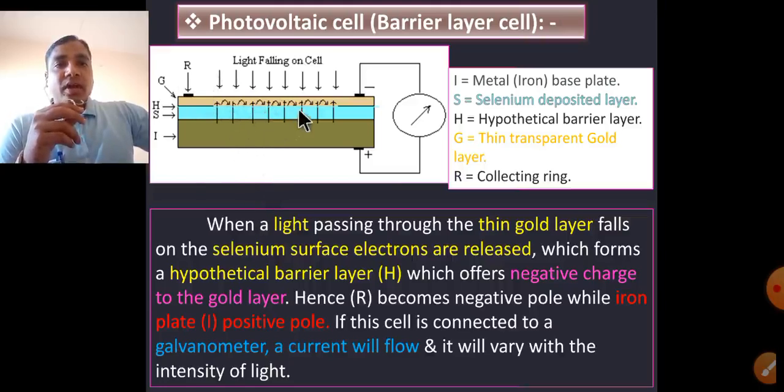When light passing through the thin gold layer falls on the selenium surface, electrons are released.